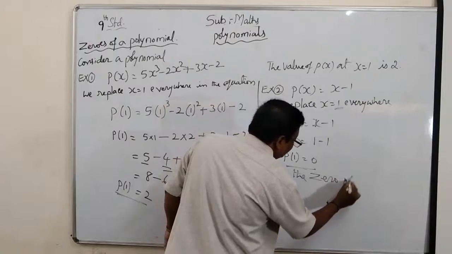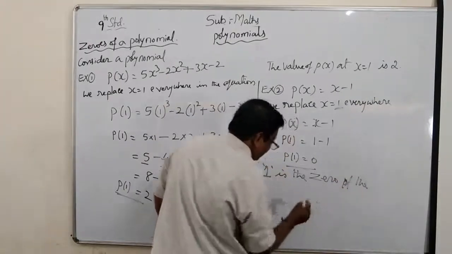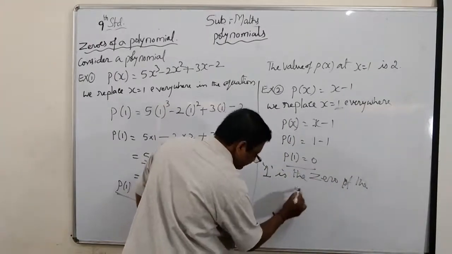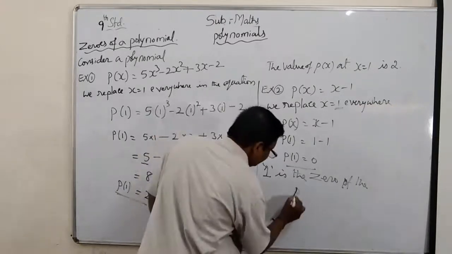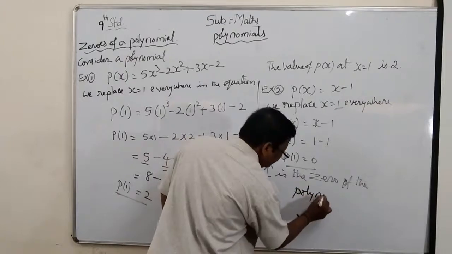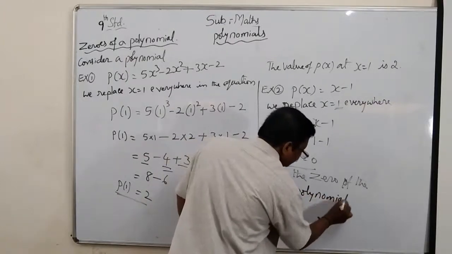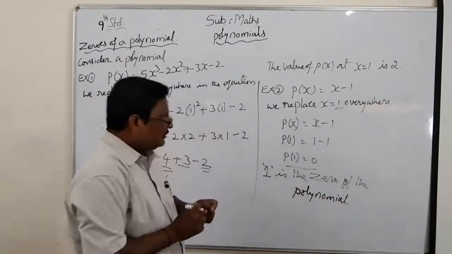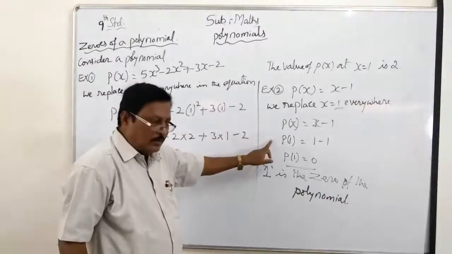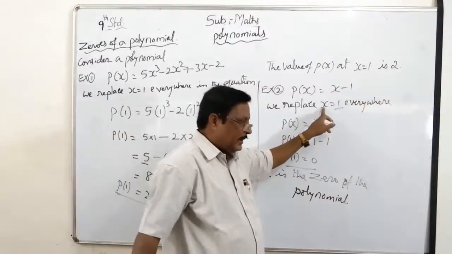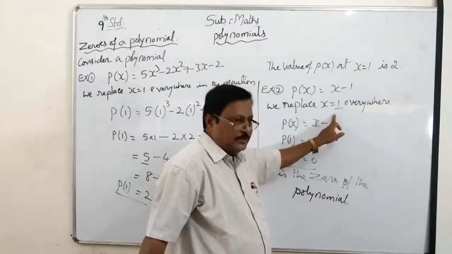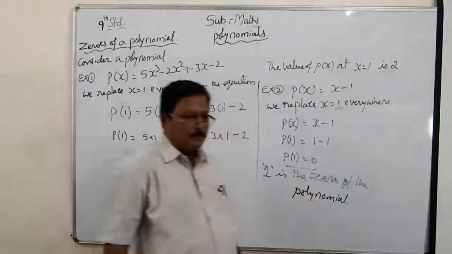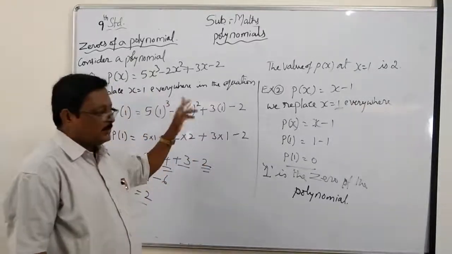For any x value for which the polynomial is equal to 0, that x value is called a zero of the polynomial. This is example 1 and 2.